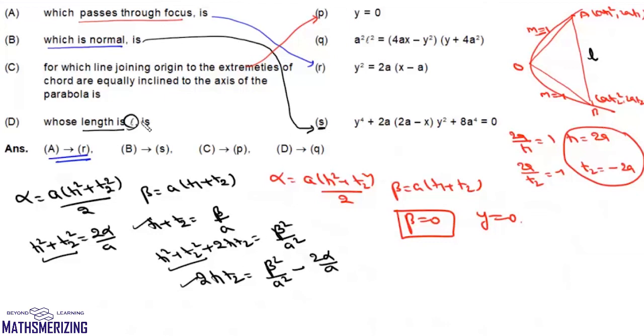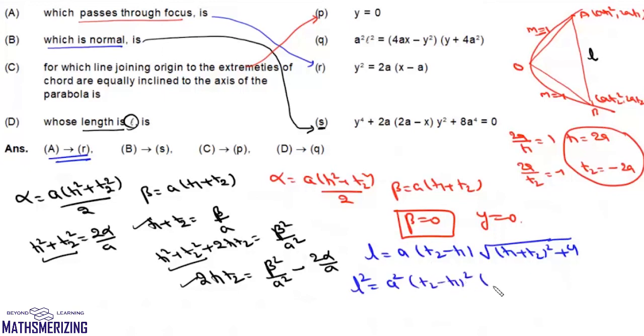Now we have t1 plus t2 and we have 2 t1 t2. We need to find the locus of the midpoint of the chord whose length is L. So we know that the formula for the length of the chord is L equals a (t2 minus t1) under root of (t1 plus t2) whole square plus 4. Now we'll square it, and we'll get L square equals a square (t2 minus t1) whole square times ((t1 plus t2) whole square plus 4).